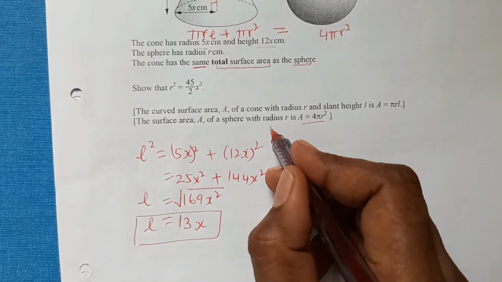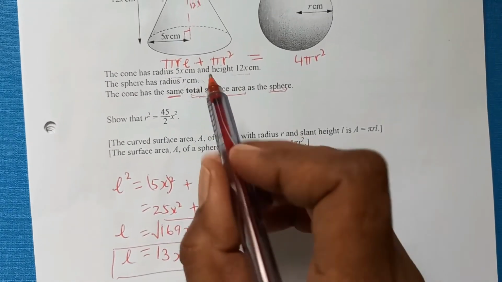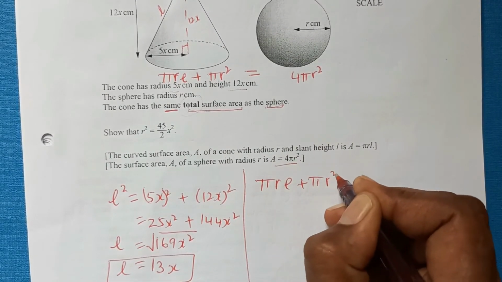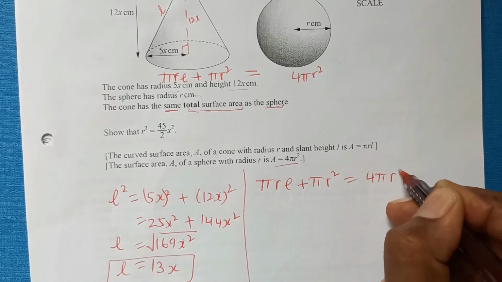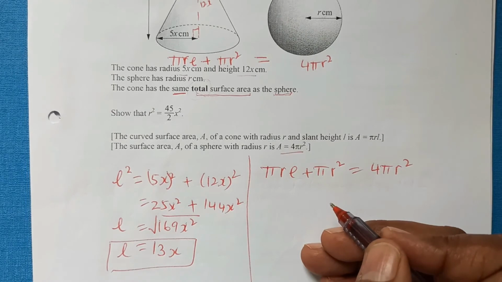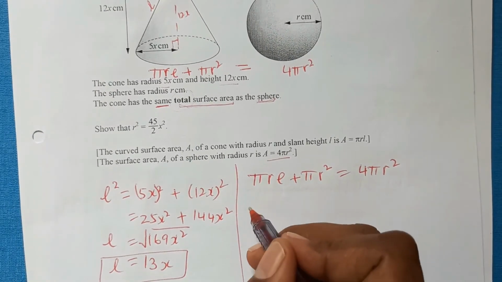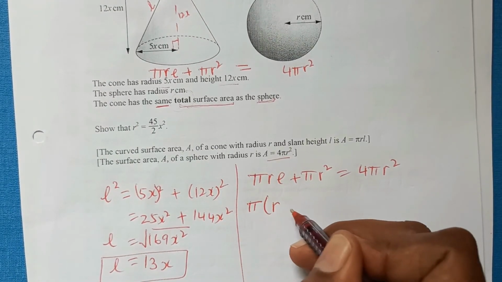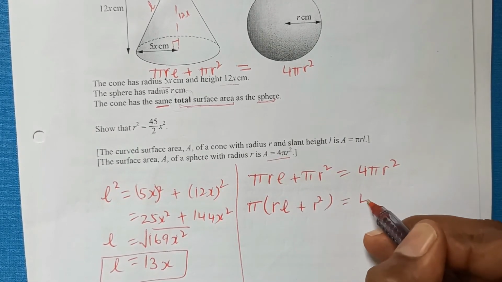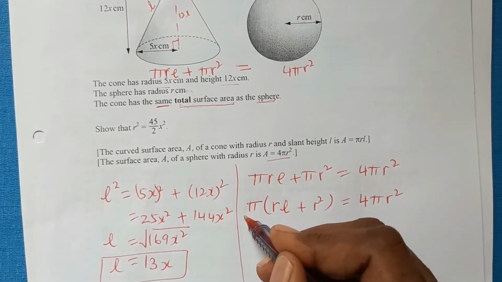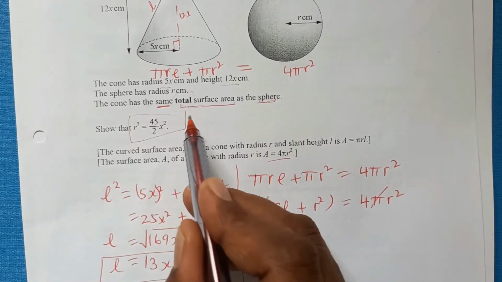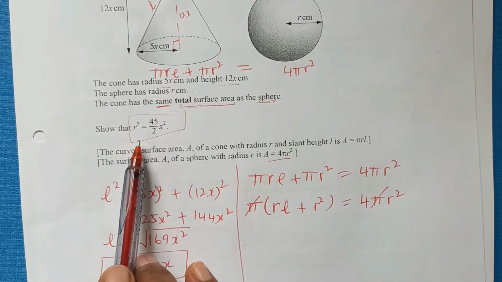Now we will calculate the area. We will take this equation, pi r l plus pi r squared is equal to 4 pi r squared. Now first we can simplify as much as we can. Pi is common here, so I can take pi common. r l plus r squared equals 4 r squared. Now this pi and pi are cancelled. We need to show this equation. We are making this equation similar to this one.